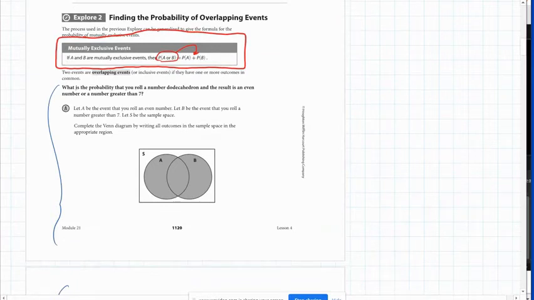So now we're going to look at what happens when we have overlapping events. Again, let A be the event that you roll an even number. So A is going to contain 2, 4, 6, 8, 10, 12. Let B be the event that you roll a number greater than 7. So B is going to be 8, 9, 10, 11, 12.